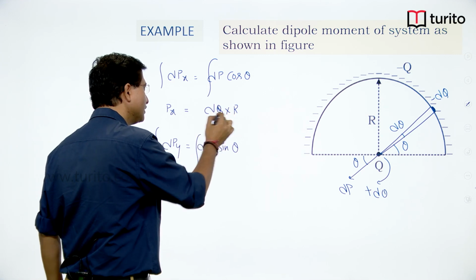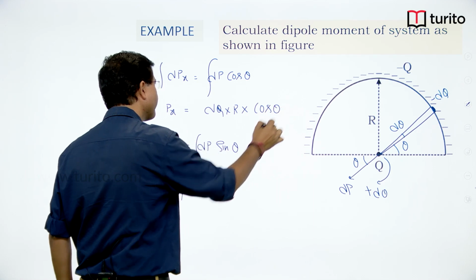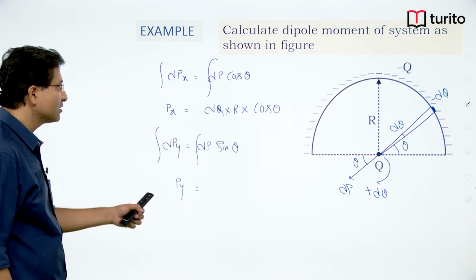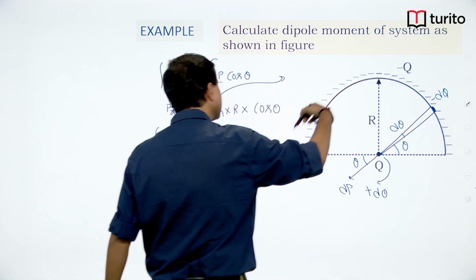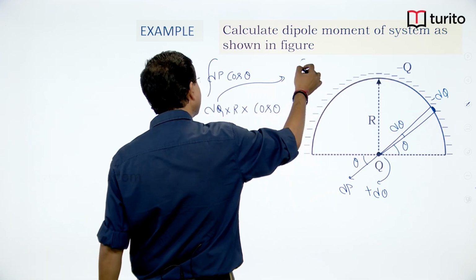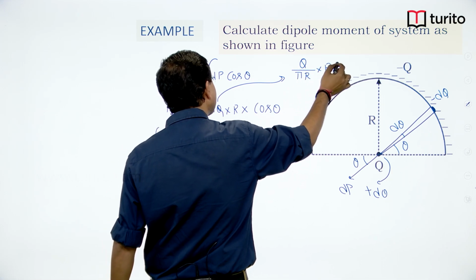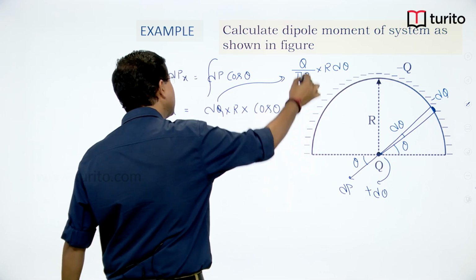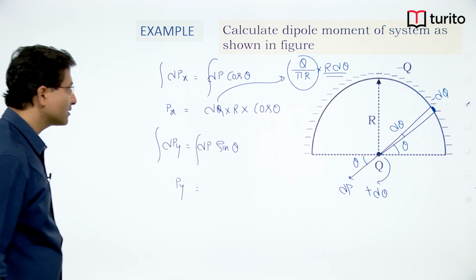This is dq into r into cos theta, right, and this dq can be written, charge is distributed over length, as q divided by pi r into r d theta, while linear charge density into length will give you charge.